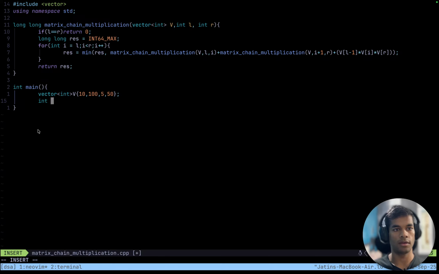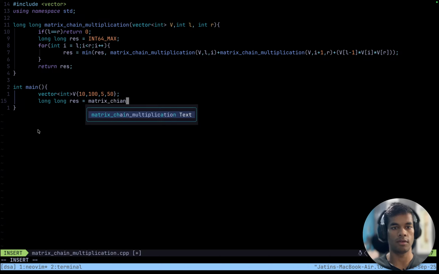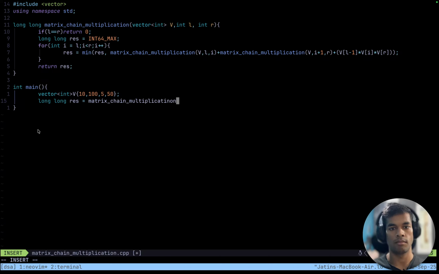And long res is going to be matrix chain multiplication, and we will pass in V and also the starting and the end point.